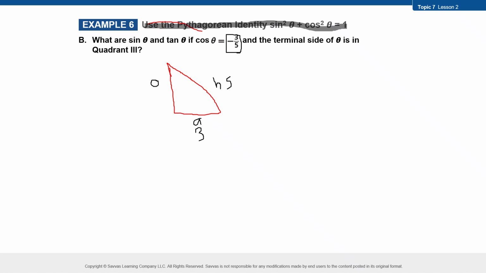So I wonder what happens if I use my basic Pythagorean: a squared plus b squared equals c squared. Again, I'm not using a negative 3/5. I'm just going to use 3 and 5. So I know that my hypotenuse is going to be 5 squared.